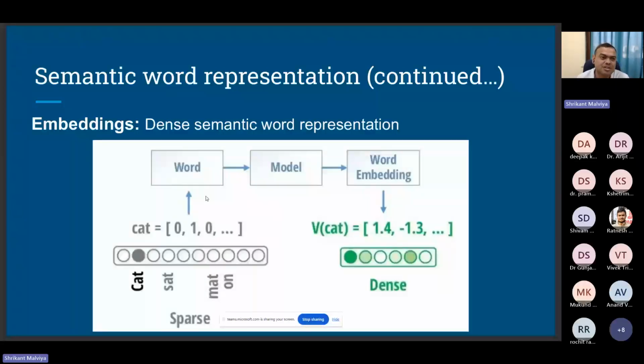Earlier we represented a word with 1,000 dimensions, whether it was a one hot vector or the co-occurrence matrix, with the total number of words in the corpus. Now we want to represent a word in a much smaller dimension space while carrying all the useful information. So we need to think of a model which initially will be trained on the given corpus.